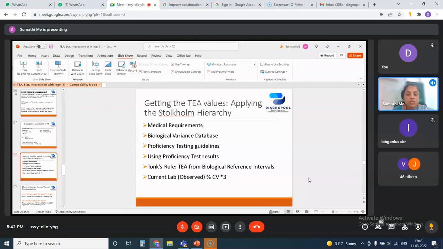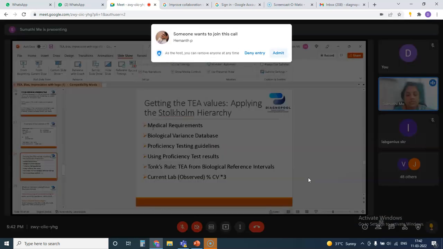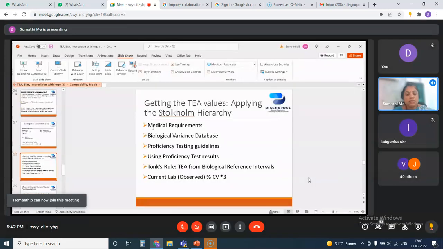Our topmost applicable guidelines should start from the medical requirements. Medical requirements means we have certain parameters which are critically important for medical decisions, that is, for treatment purposes. For some of the parameters, not most of them, we have defined total analytical goals based on the clinical decisions.